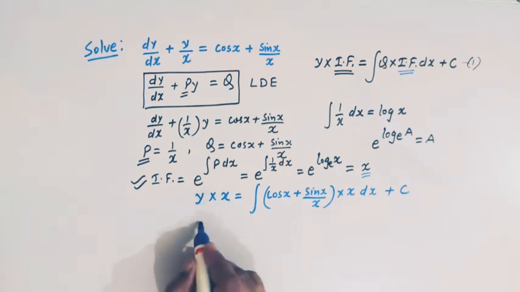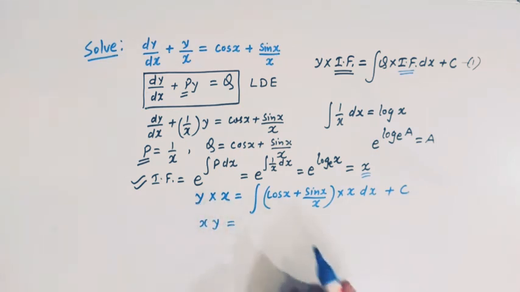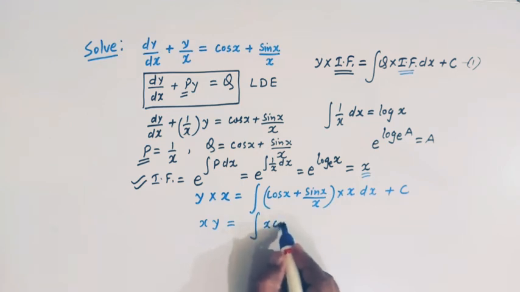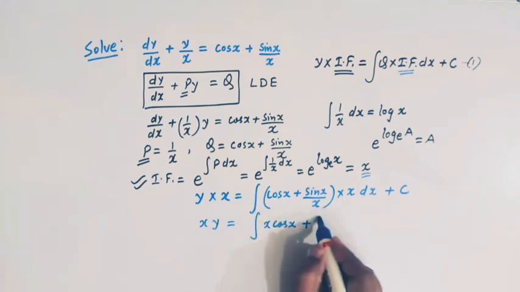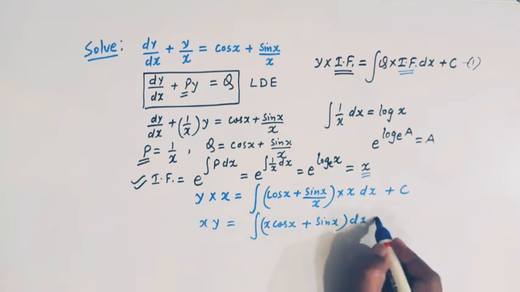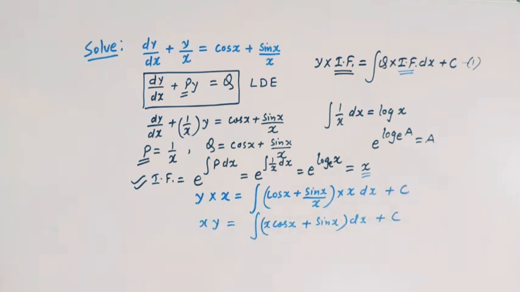So now this is xy is equal to integral of, multiplying these two terms with x, we get x cos x plus sin x, and here we have dx plus c, right?